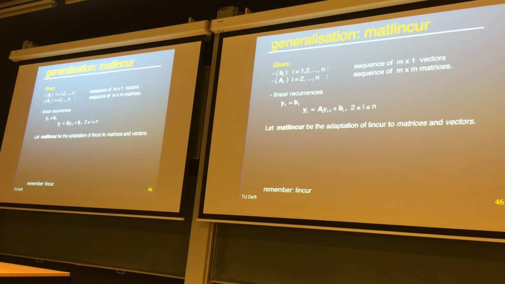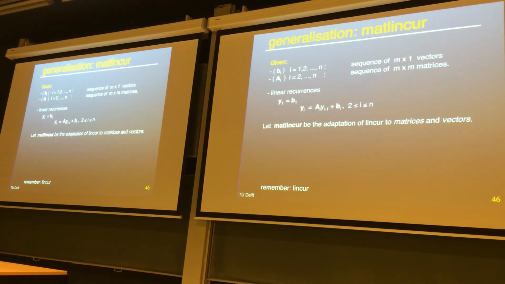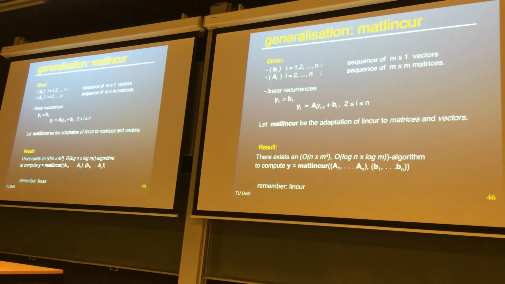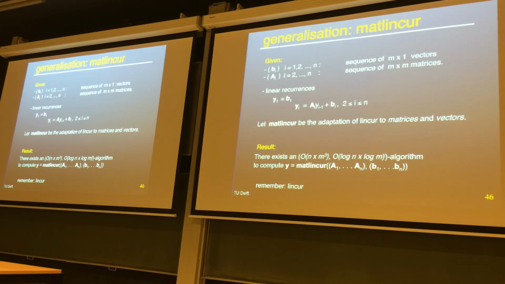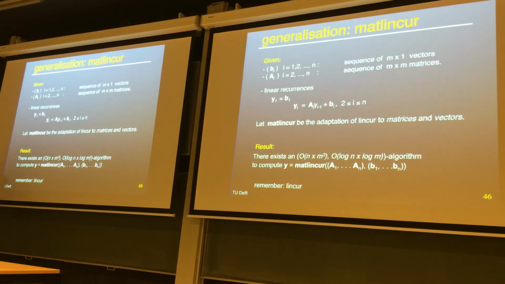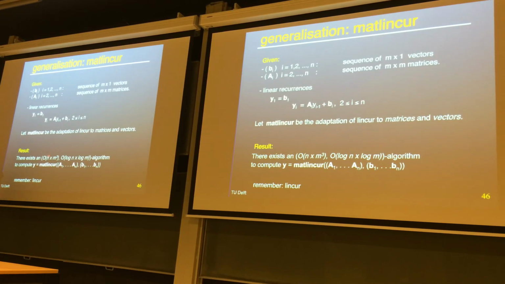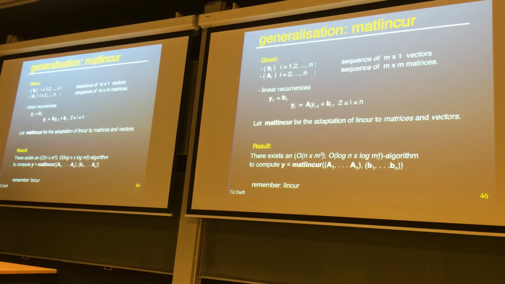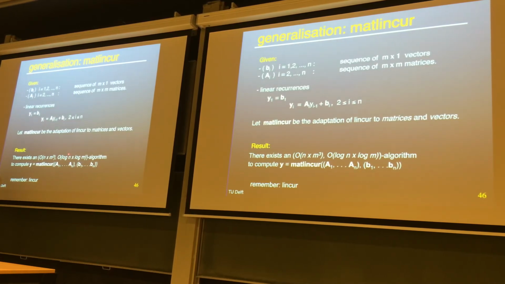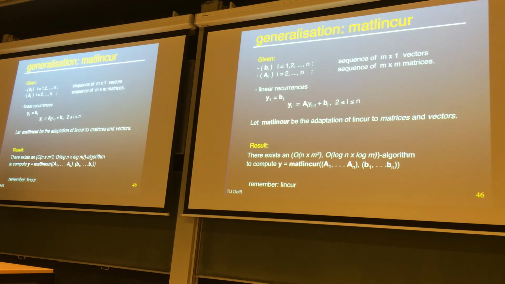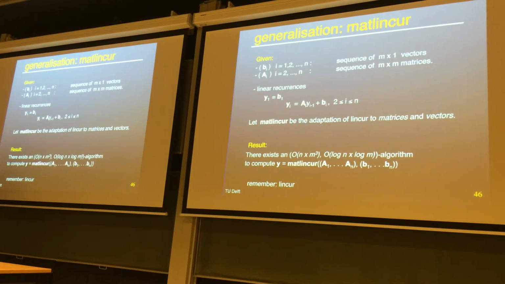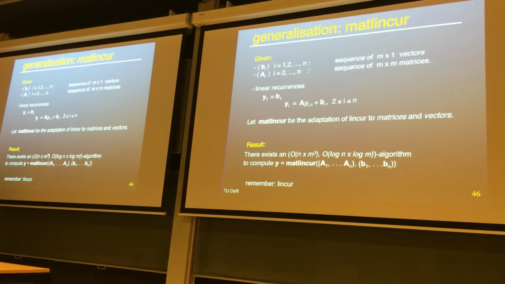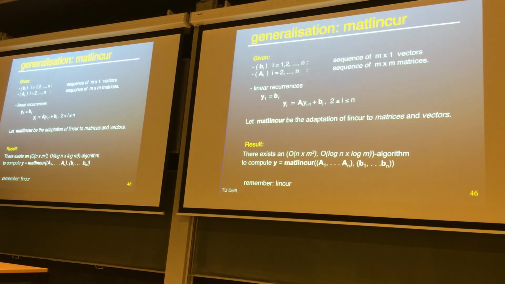You can apply basically the same algorithm, but now call it Matlin, and now Matlin gives you a way of solving these matrix linear recurrences in O log n times log n parallel time and O n times n to the power 3 sequential time.